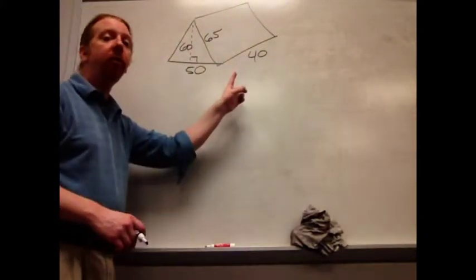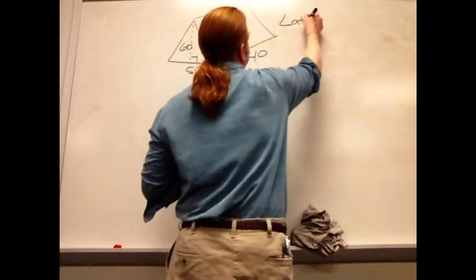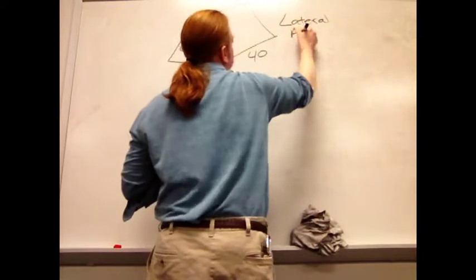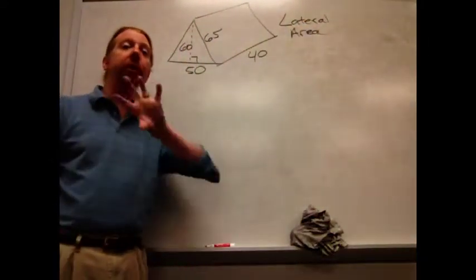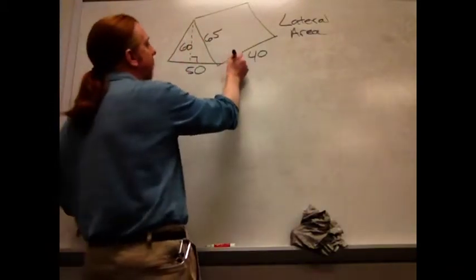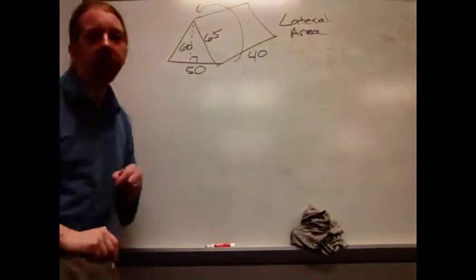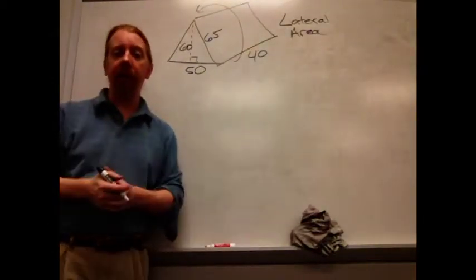I'm also going to approach this using lateral area. Remember, when I say lateral area, I'm referring to the wraparound component. In this case, I'm talking about those three sides there, so that when I lay out my tent, I look at the picture I get.